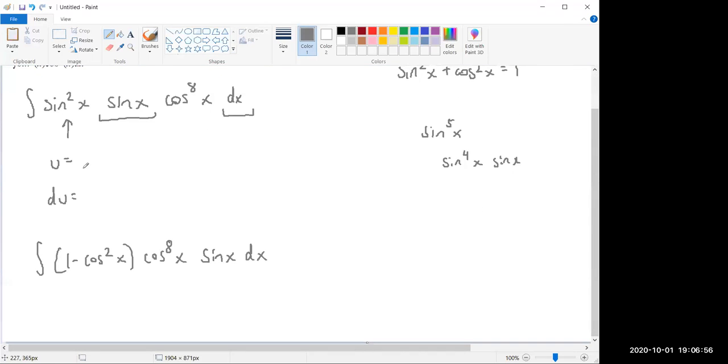So we said that u can be cosine, which means du is negative sine of x dx. Okay. So let's rewrite it in terms of u. This would be 1 minus u squared. This is u to the 8th. So here we have sine of x dx, but here we have negative sine of x dx. So we can just divide both sides by the negative. So this is just du divided by a negative. So I'll write the negative here.